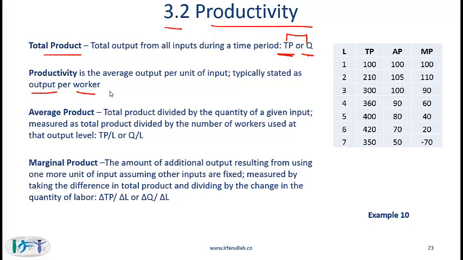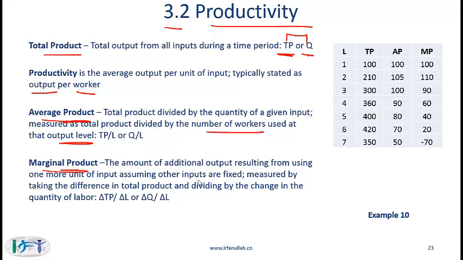Average product, this is the total product divided by the quantity of a given input. So this is a measure of productivity. Total product divided by the number of workers used at that output level, and this will be TP divided by L, or Q, which is quantity of output divided by L. Marginal product, this is the amount of additional output resulting from using one more unit of input, assuming other inputs are fixed.